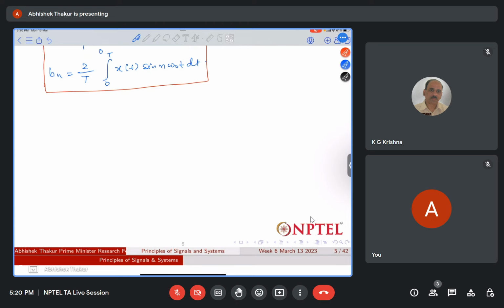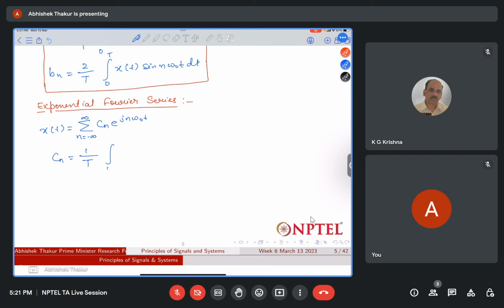In this, any signal x(t) is given as summation over n equal to minus infinity to infinity of Cn e to the power j n omega naught t, and here Cn is equal to 1 by T integration over 0 to T x(t) e to the power minus j n omega naught t dt.